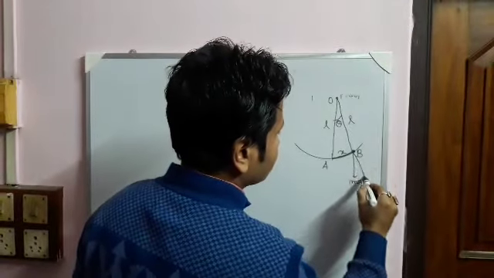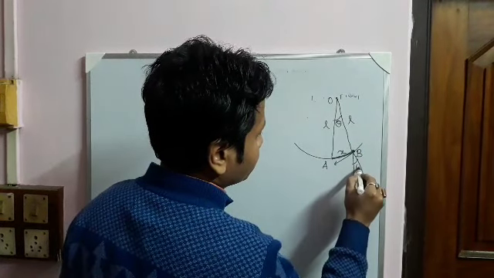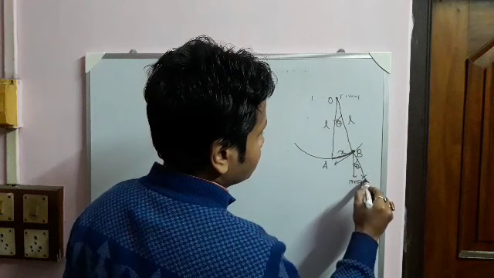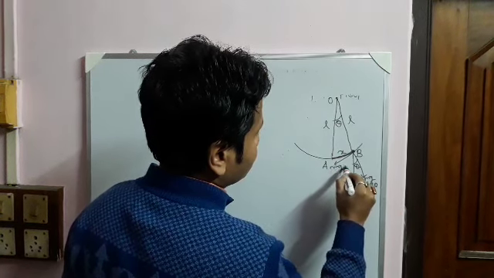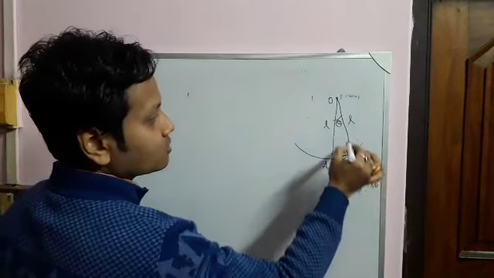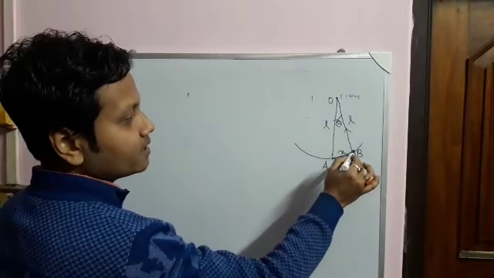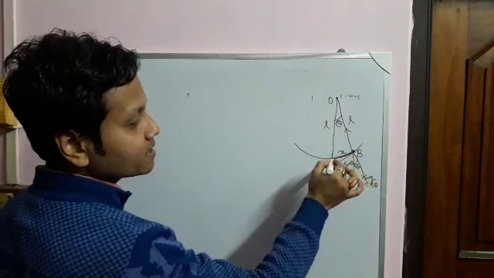One is this and another is this. If this is theta, this is also theta. So this is mg cos theta and this is mg sin theta. Mg cos theta balances the tension, and mg sin theta tries to bring the pendulum bob back into its original position, that is at A.